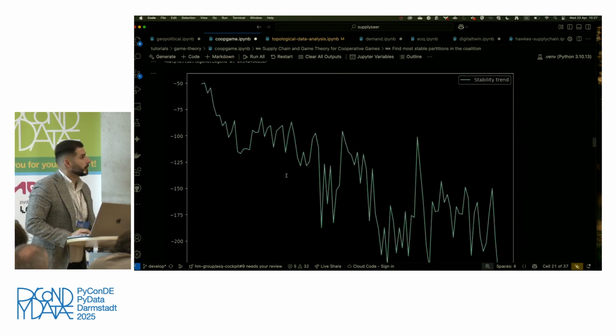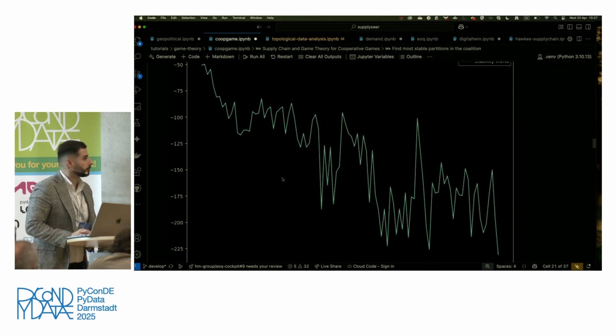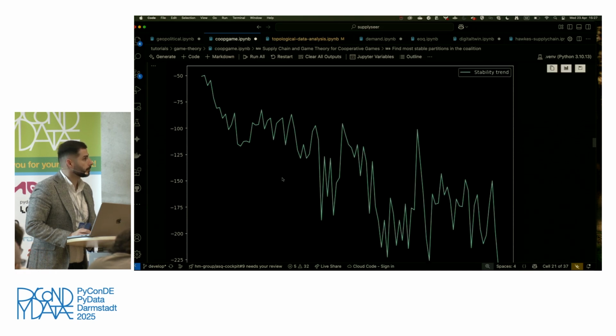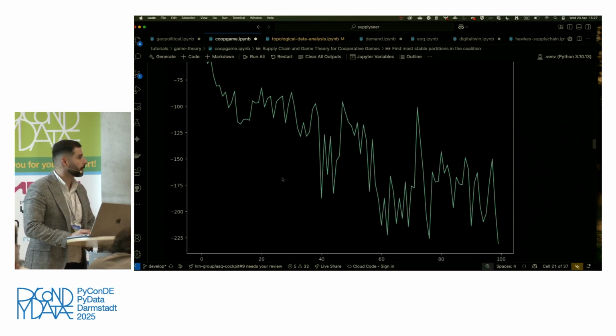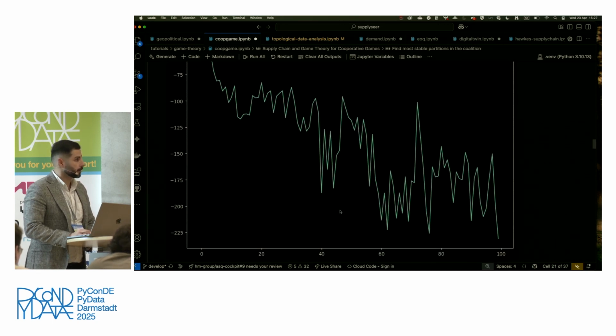And this one shows a decrease in stability, meaning the market power structure is not stable. We did some adjustments. We said one supplier has low costs and high power. So we see that our stability trend is just decreasing.